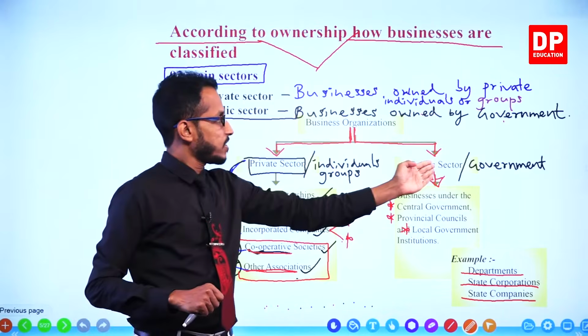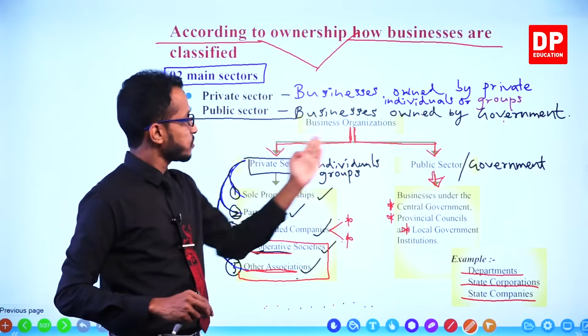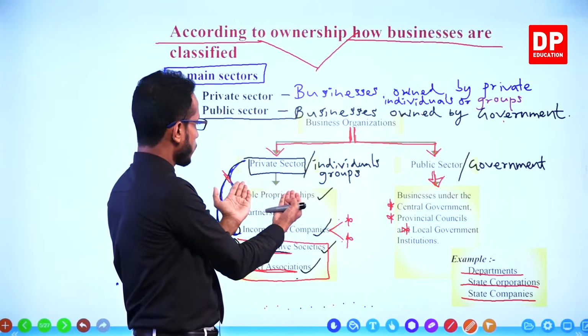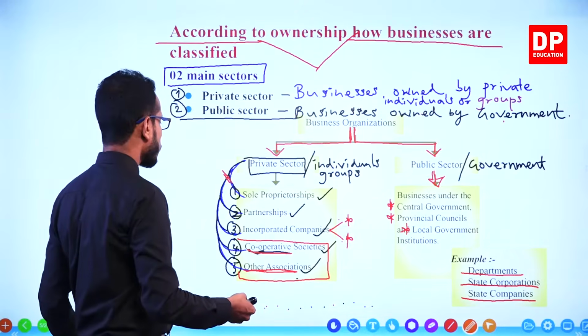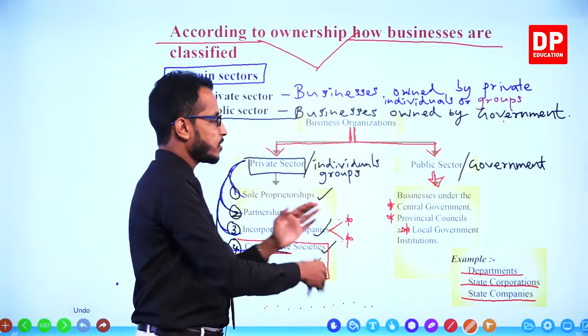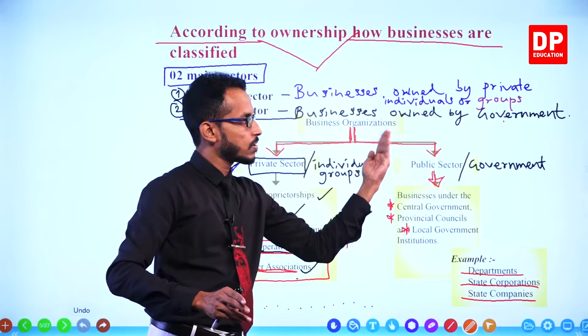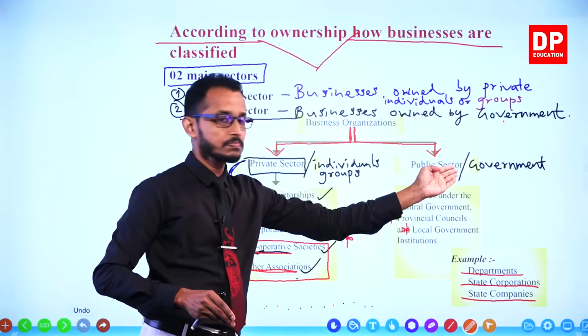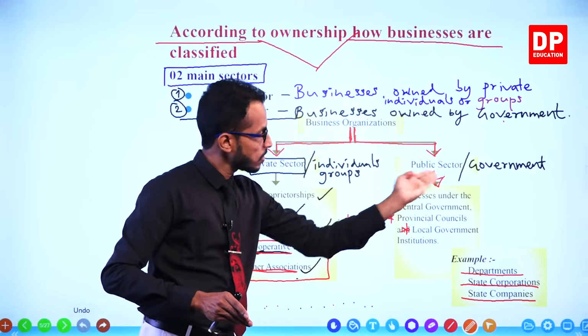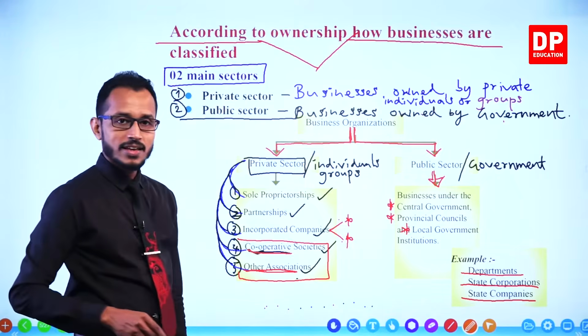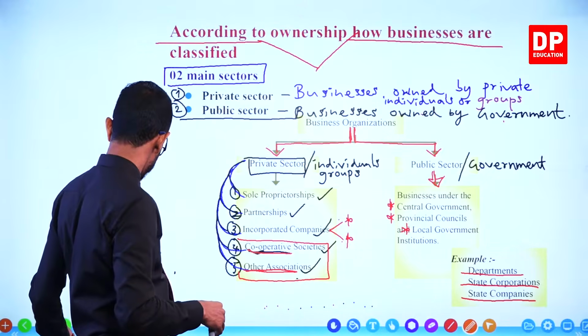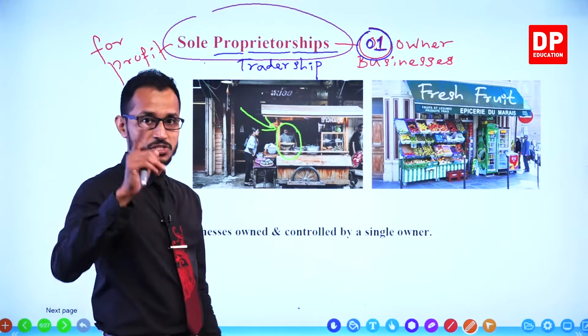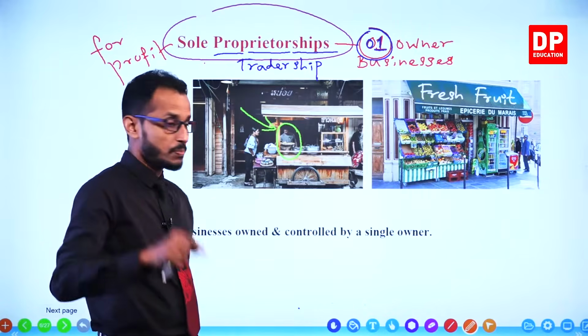That's how we divided business organizations into this group, private sector, and into this group, public sector. Right? Yeah, I'm giving all sorts of gestures. That's just to remind you.